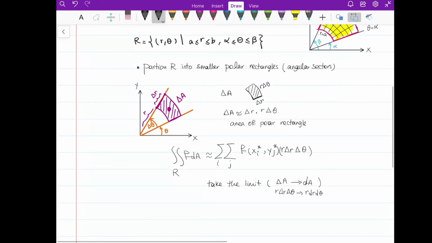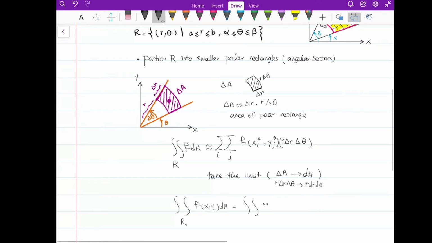So if I want to define that, it would be the double integral of f of x y dA over the region R. In polar, it would be what? Instead of every x, I'm gonna write r cosine theta. Instead of every y, I'm gonna write r sine theta. Instead of the element of area, I'm gonna write r dr d theta.